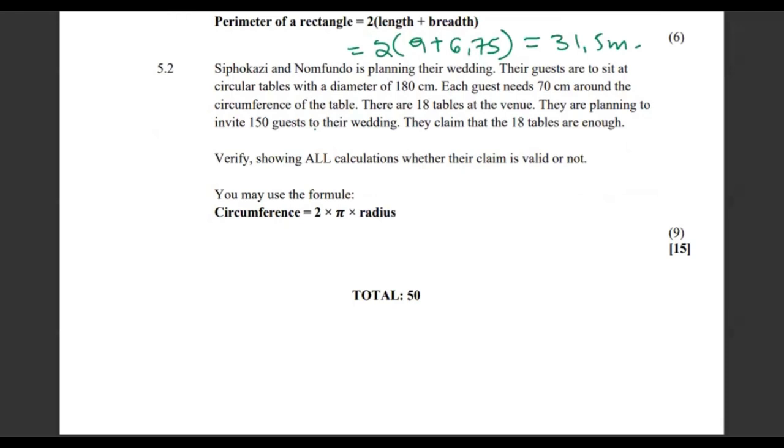Their guests are to sit at circular tables with a diameter of 180. So we've seen the diameter, 180. Each guest needs a space of 70 centimeters. This is per person, going around the circumference of the table. There are 18 tables.